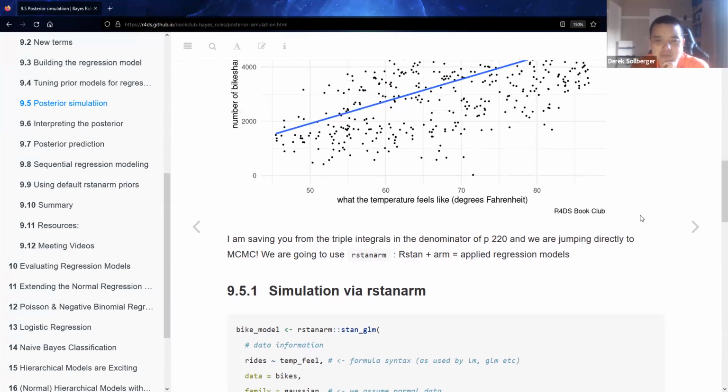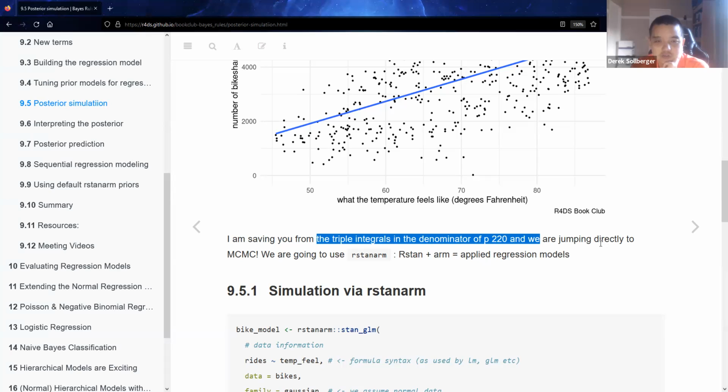But keep in mind, if we wanted to go through the process of the likelihood and the normalization to get the posterior distribution like we might have done in early chapters, there's a lot of information in front of us.